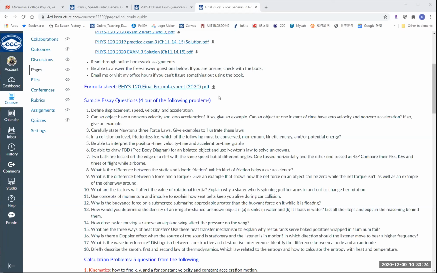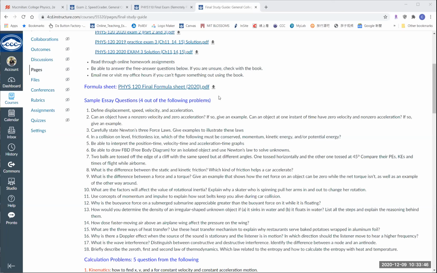Number four, looking at conservation. If you have a collision on a level ground, so there's no change of height, and it's frictionless, that means there's no external force.